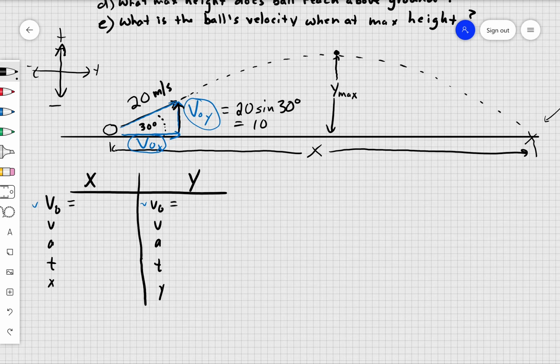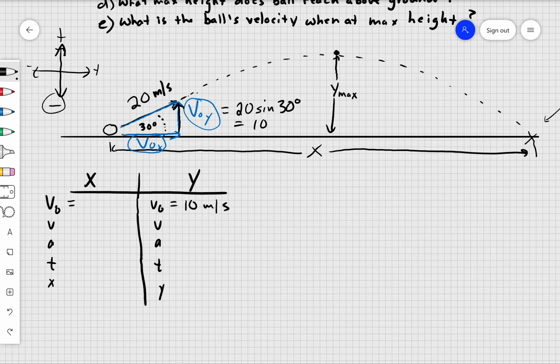If anything is going to move upwards in a projectile problem, gravity is going to work against that. One of those will need to be positive and one negative, so we'll make down the negative direction. So the ball moves upwards at 10 meters per second.